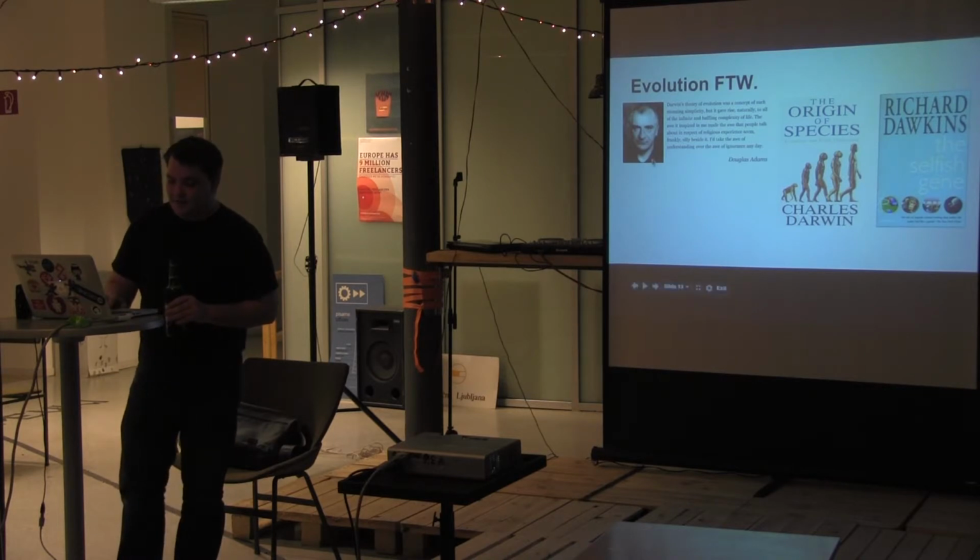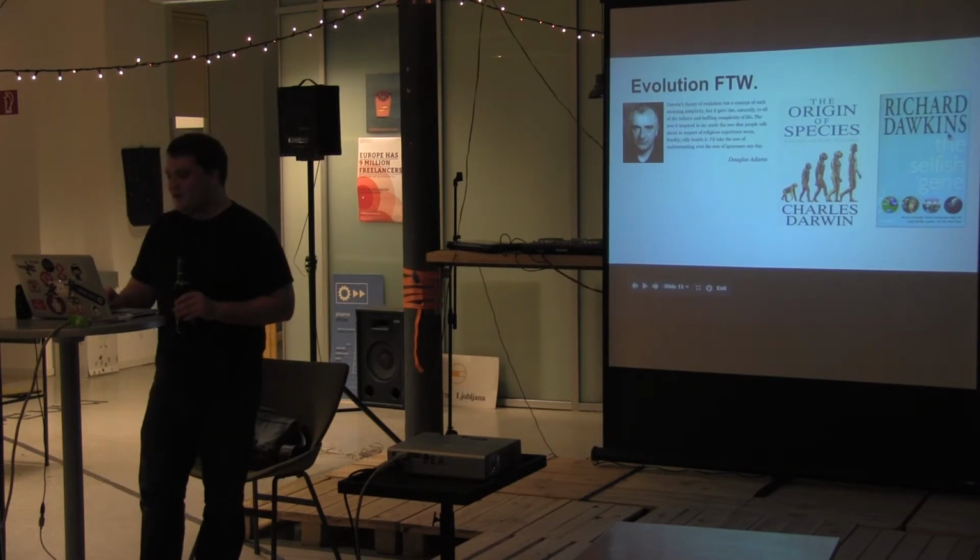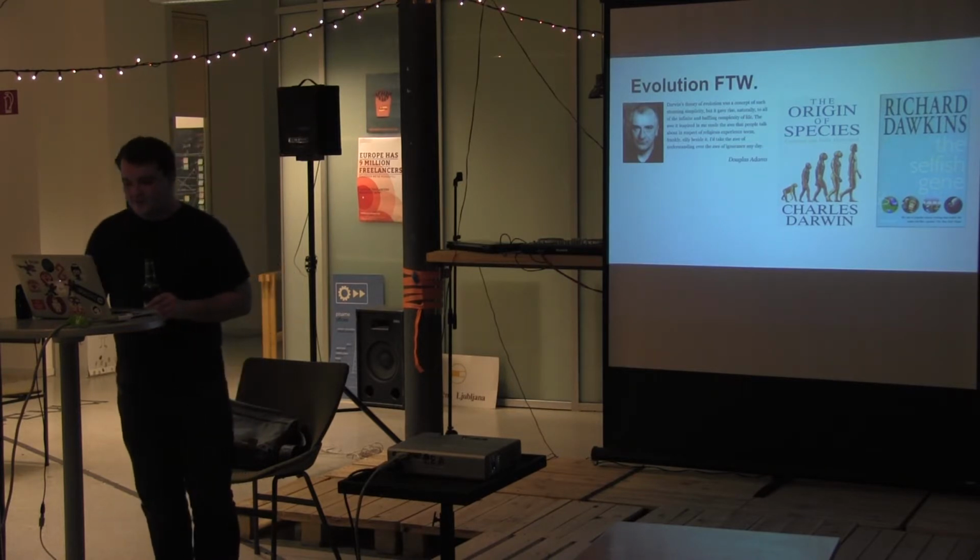You must know Douglas Adams. Here's a quote, you cannot see it. Here's Charles Darwin, and of course Richard Dawkins. The Selfish Gene is a really good book and you should read it. It's from before The God Delusion and stuff like that, so it's quite a quality book. Please read it.